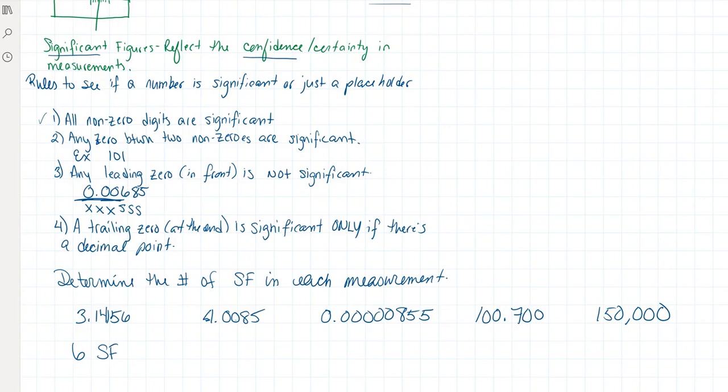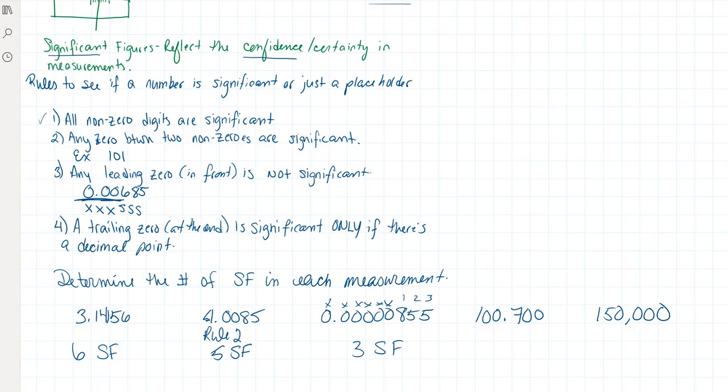As a result, because of rule 2, I'll have 5 significant figures. Looking at the next one, I have a whole bunch of zeros in front of a non-zero digit. So I have a bunch of leading zeros, which means all of these don't count. So I have 3 significant figures inside the measurement.